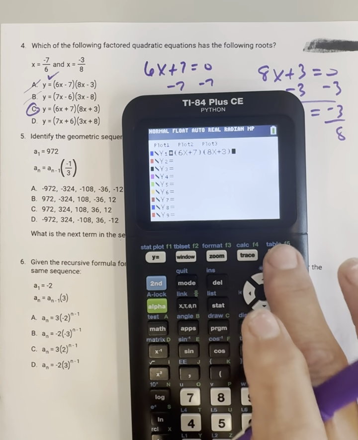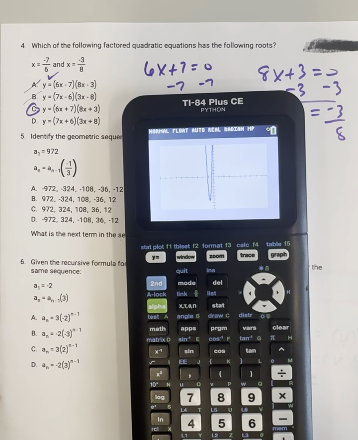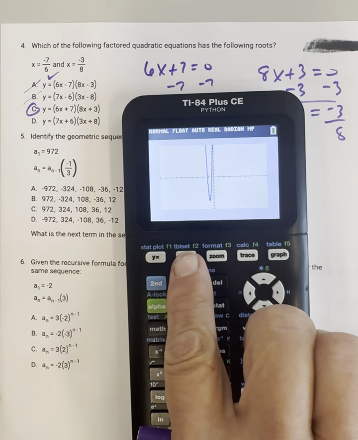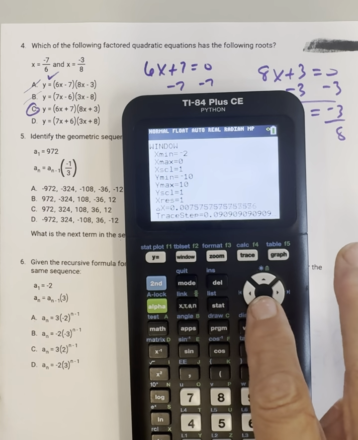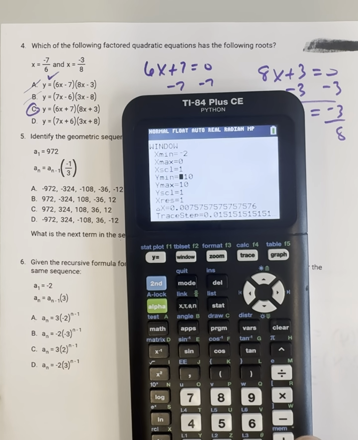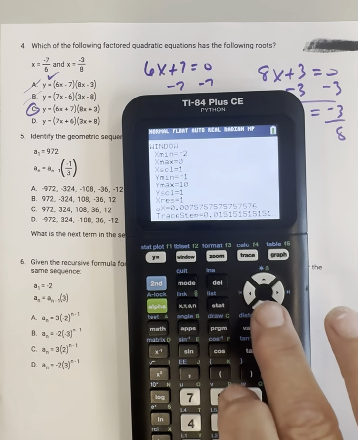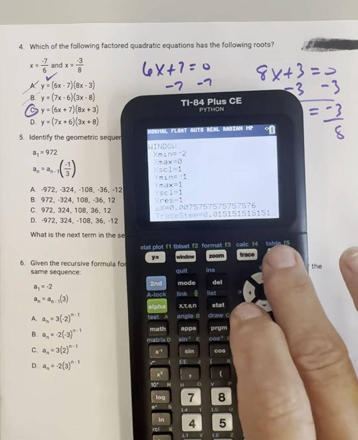And so let's go ahead and just graph one at a time since they're so close together. And if we wanted to focus, we would change our window, our x, we would look at, say, -2 to 0, because that's where our answer is. The y, you can leave it or change it, it's up to you.